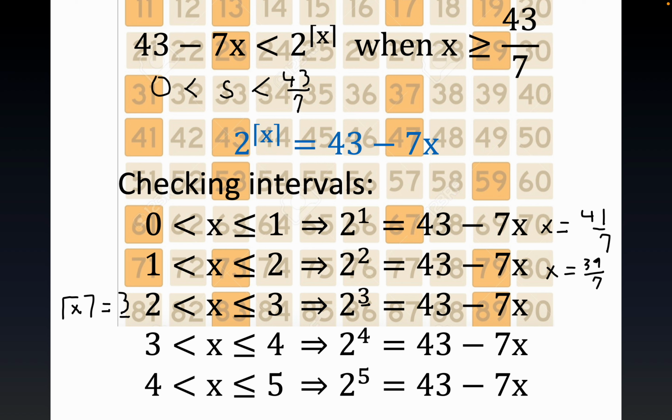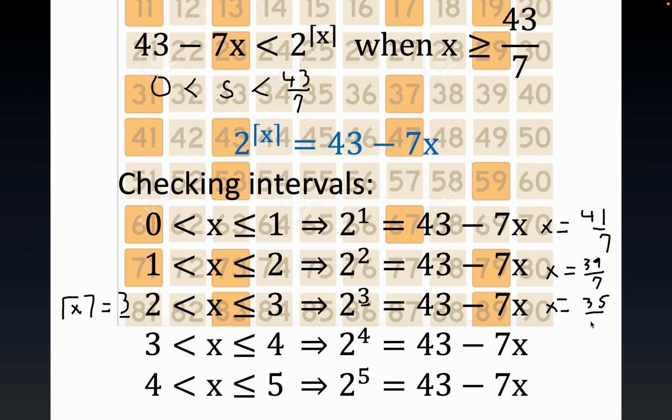So 39 over 7 is not in this interval. 39 over 7 is a number bigger than 5, right? Now, they start to go down quicker here because of the exponential growth here. 2 to the first, 2 squared, 2 cubed is 8, right? So what I got right here was x equals 35 over 7.